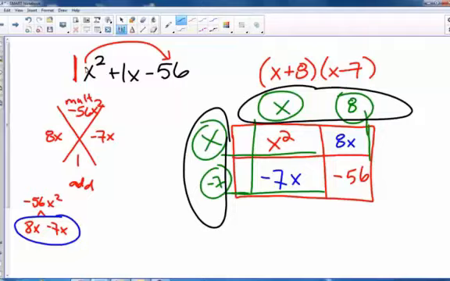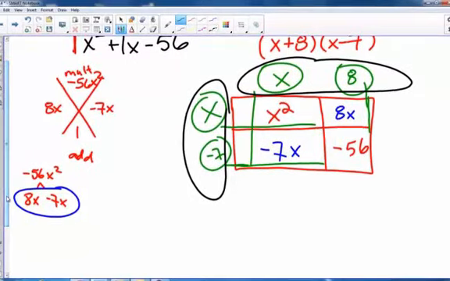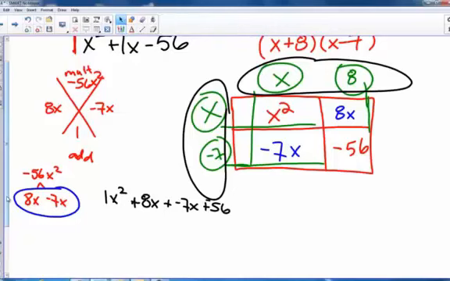You could do this in the other way I showed, working out the 1x squared plus the 8x plus the negative 7x plus the negative 56.